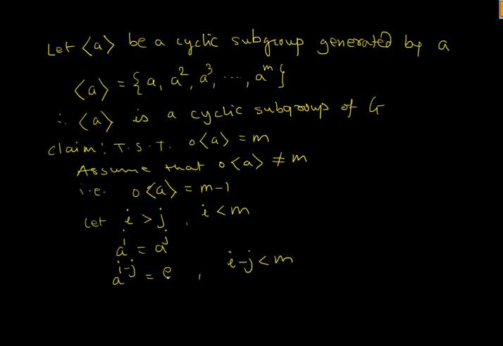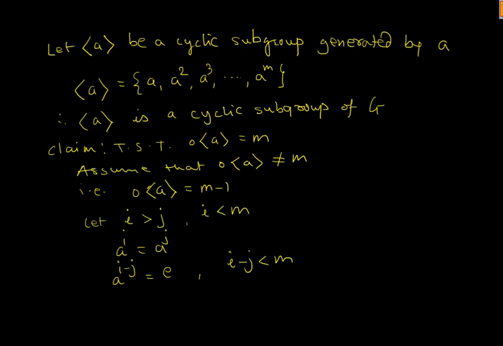That means a number less than m, which is a power of a, gives the identity. Oh my God, it is a violation of the definition of the order of a, because we have already assumed that the order of a is equal to m and m is the least number. Once we state that the order of a is m, then m is the smallest integer which gives a to the power m equal to e.